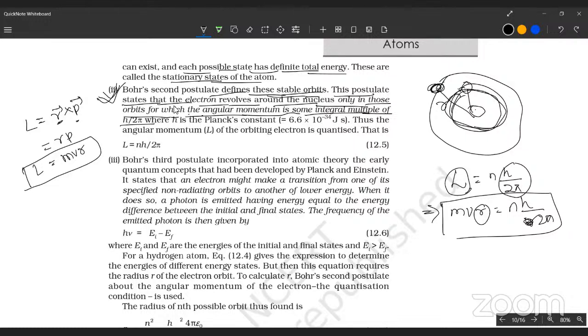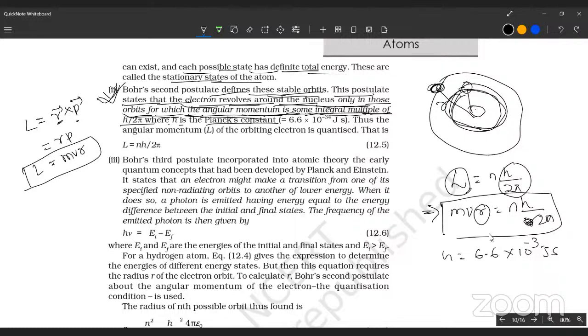This postulate states that electrons revolve around the nucleus only in those orbits for which the angular momentum is some integral multiple of h by 2 pi, where h is Planck's constant. Planck's constant value is h equal to 6.6 into 10 to the power minus 34 joule second.